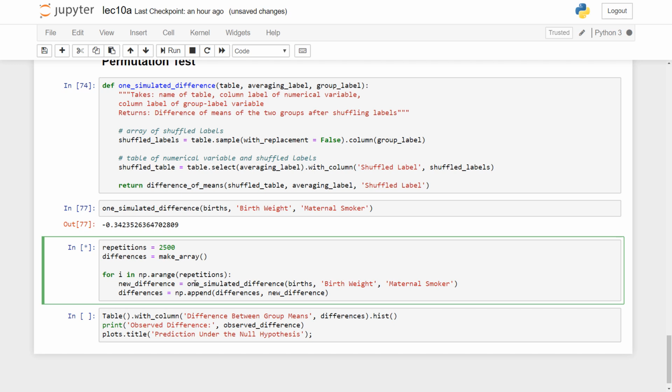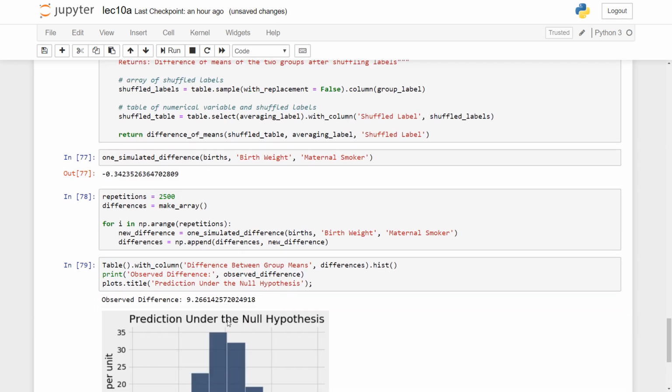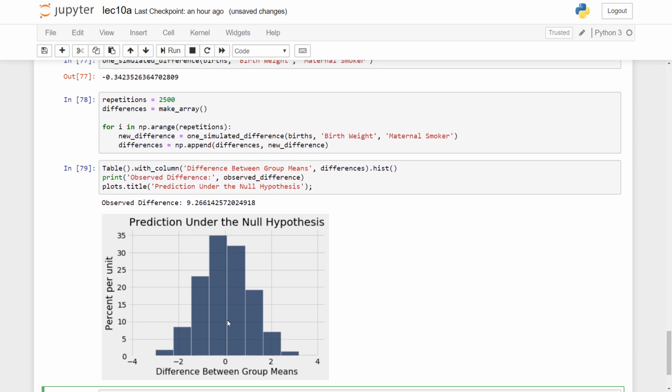So what we will do next is, okay, so we're done. What we will do next is to show the histogram. Okay, so let's see the histogram and do the comparison that we need to do. Here is now the histogram of the differences, the empirical histogram of the test statistic, which is the difference between the averages of the two groups. Now first notice that the distribution is centered around 0. Does that make sense?